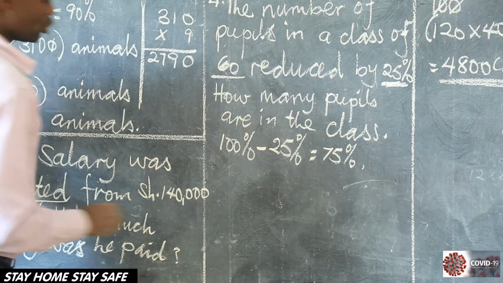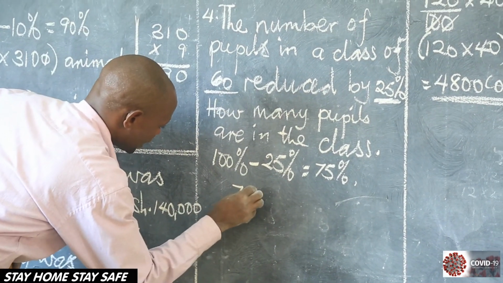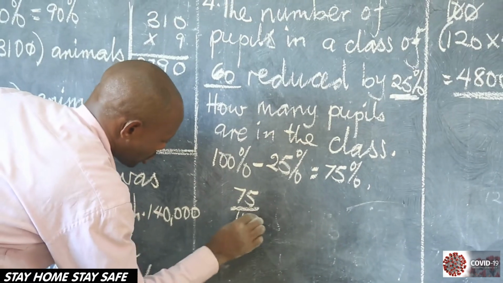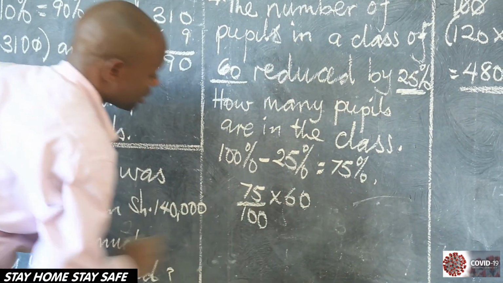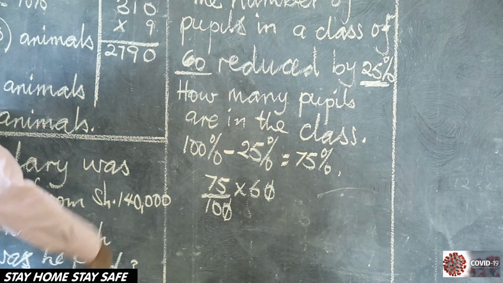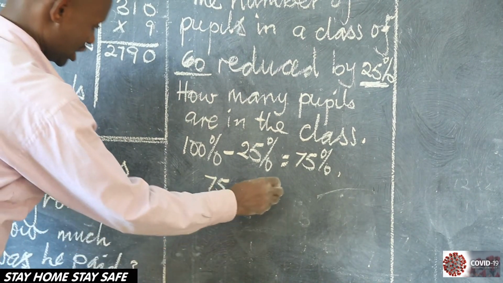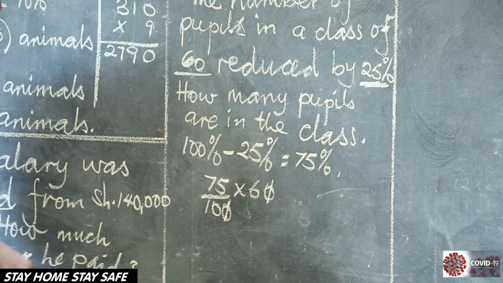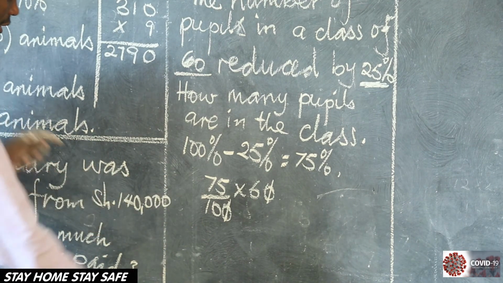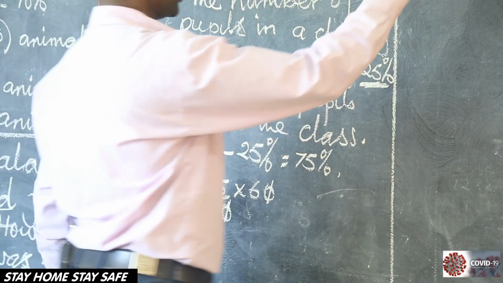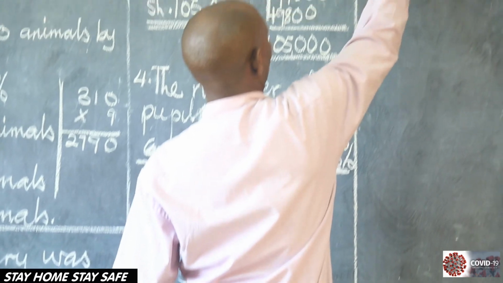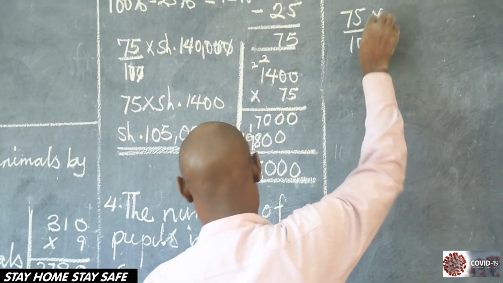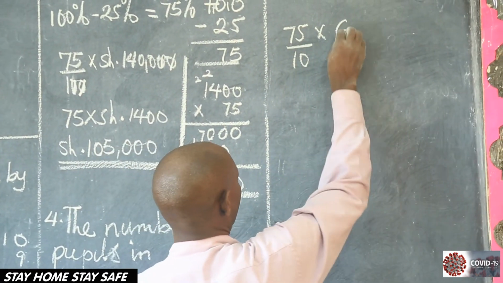Okay? So we have 75%, then we multiply by 60. Then after reducing this 0 with this one, you have 75 out of 10, then times the 6.